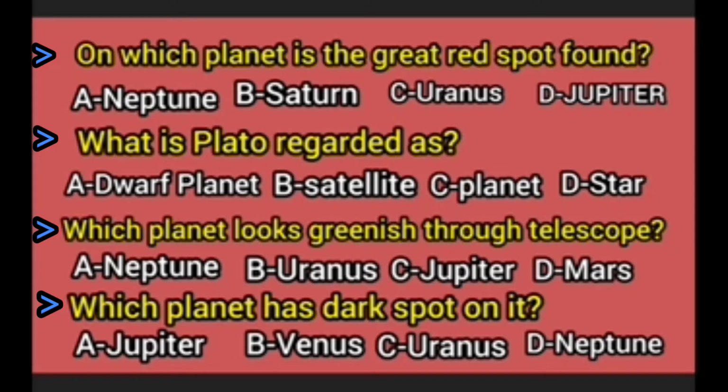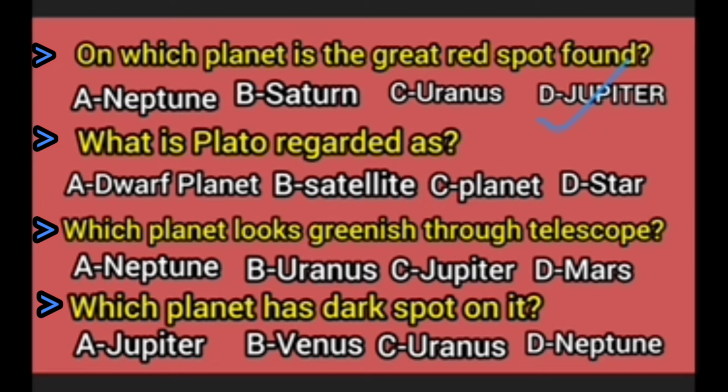Next question, on which planet is the Great Red Spot found? A. Neptune, B. Saturn, C. Uranus, D. Jupiter. Answer D. Jupiter. Next question, what is Pluto regarded as?